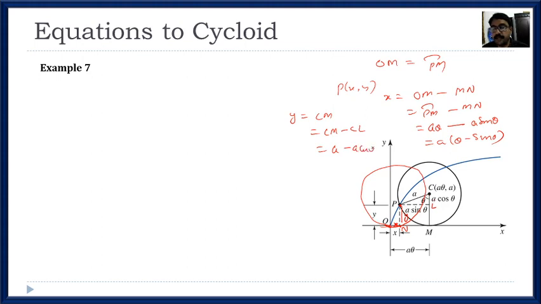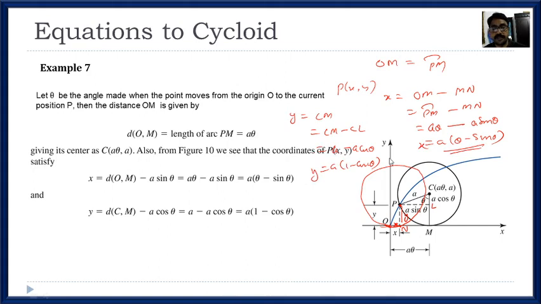We are getting A minus A cos theta, which is A into 1 minus cos theta. Therefore, the parametric equations of this cycloid, x and y in terms of the parameter theta, are x equal to A into theta minus sine theta, y equal to A into 1 minus cos theta.